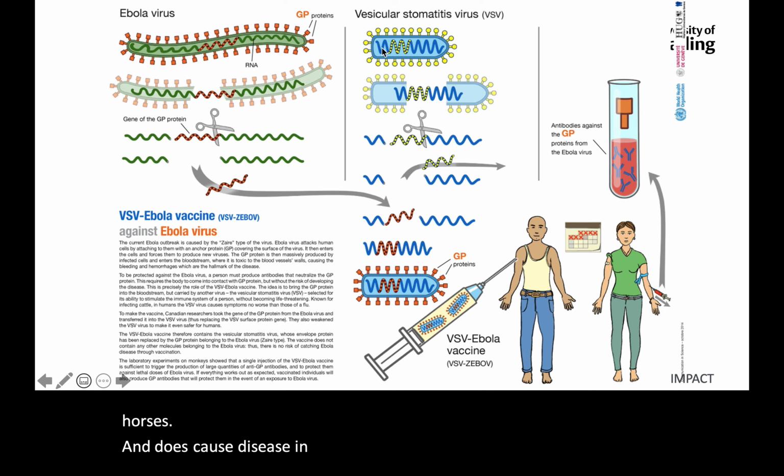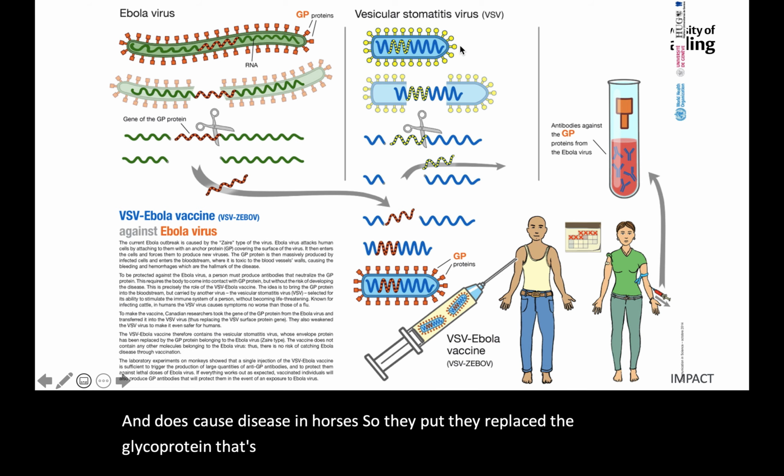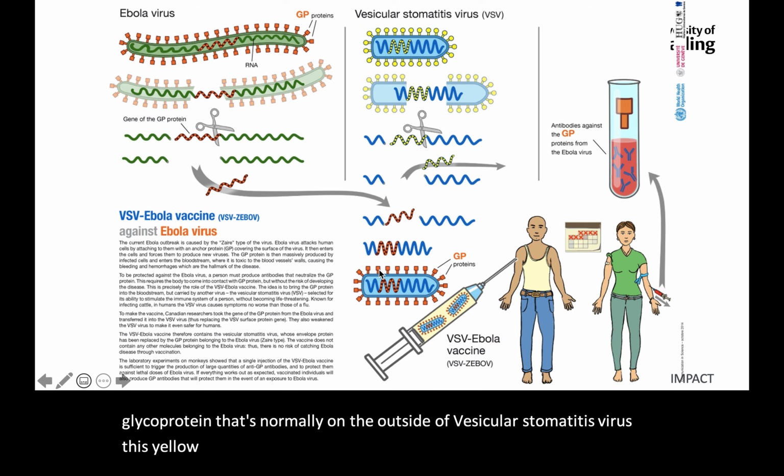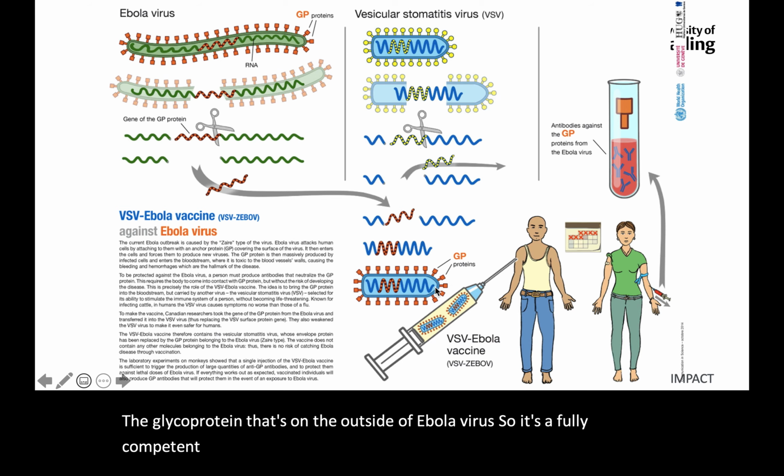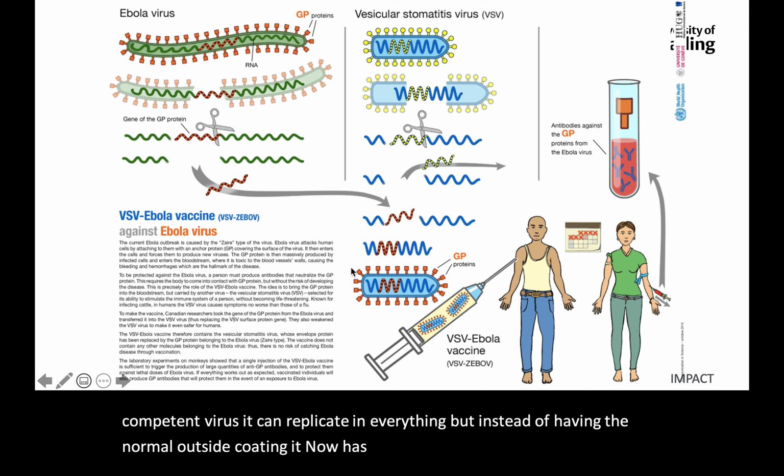And so they replaced the glycoprotein that's normally on the outside of vesicular stomatitis virus, this yellow one, with the glycoprotein that's on the outside of Ebola virus. So it's a fully competent virus. It can replicate and everything, but instead of having the normal outside coating, it now has the Ebola virus outside protein.